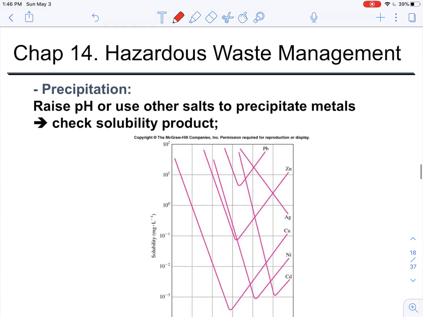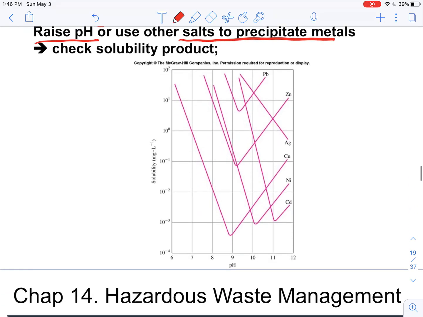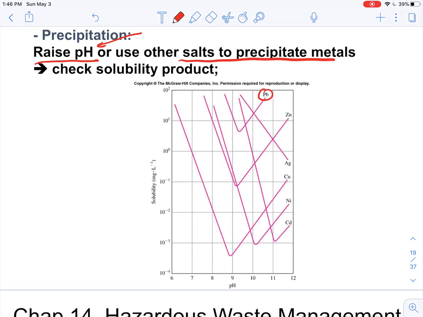People can also use the precipitation method. Basically, to raise the pH, to make the stream more basic, right? Fewer protons in this stream. Or you can use other salts to precipitate these metals, for example lead, zinc, silver, copper, nickel, and vanadium, right?